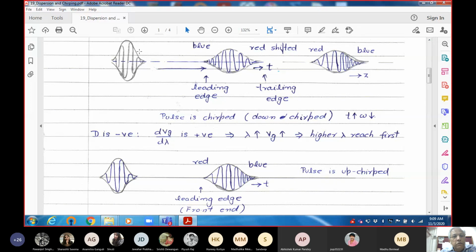When I started with the pulse, it gets broadened and gets chirped. I am talking about the linear medium. If I take this pulse, suppose this is my starting pulse.